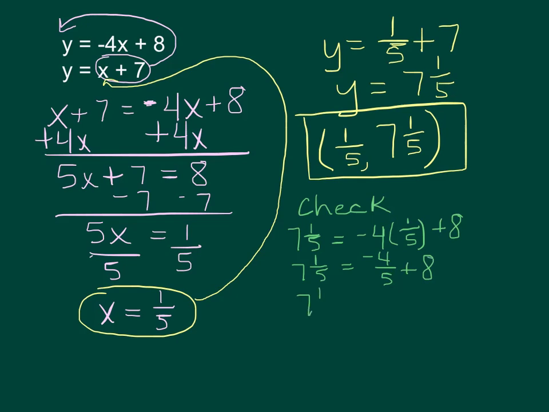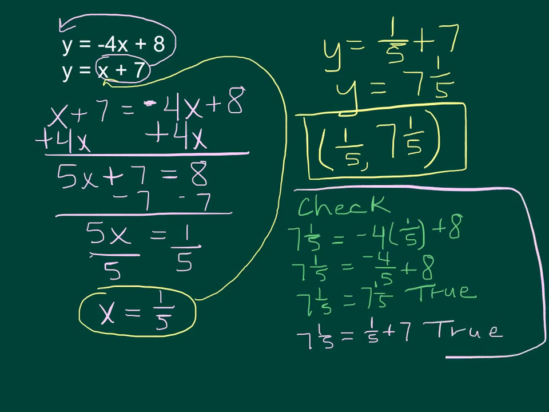And 7 and 1/5 equals 7 and 1/5. So this is true. That's my first check, and then you have to check it in the second equation. So for the second equation, I'll use pink, and we're going to have 7 and 1/5 equals 1/5 plus 7, which is also true.